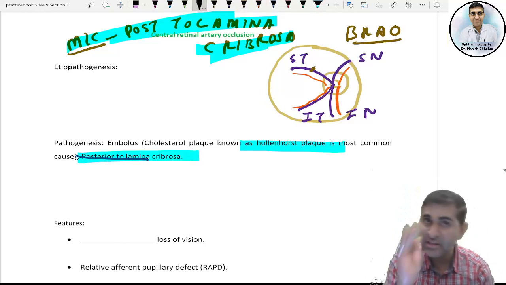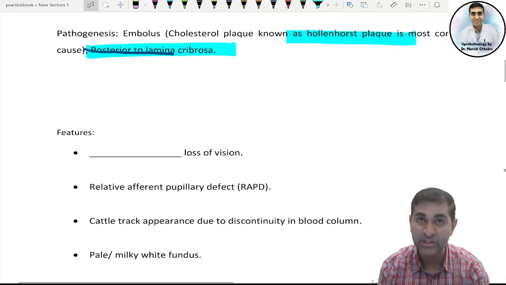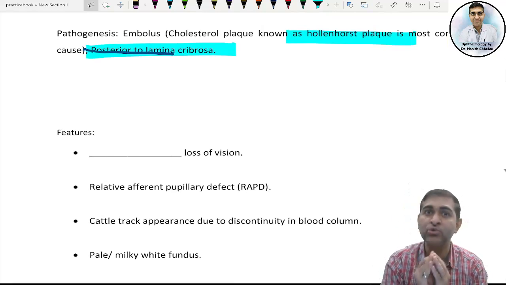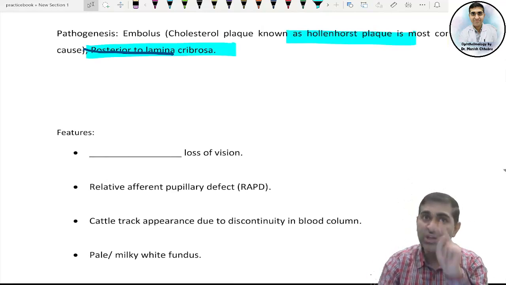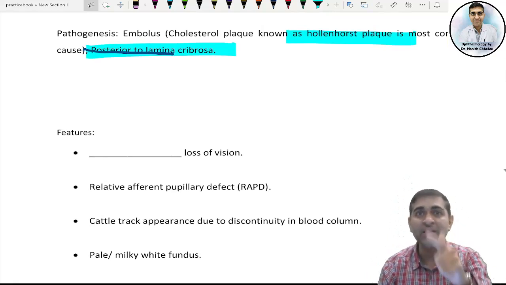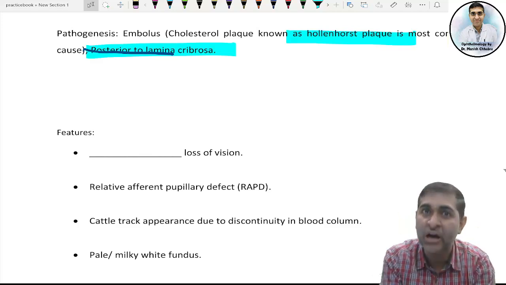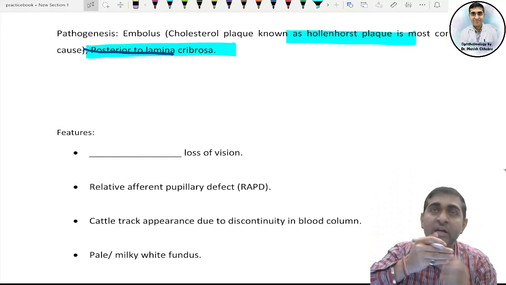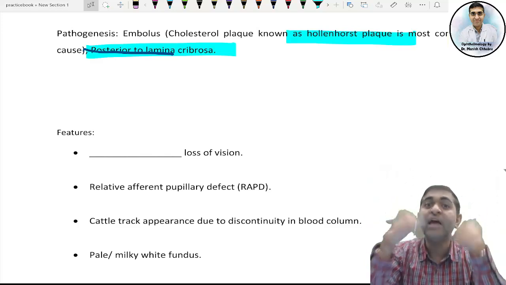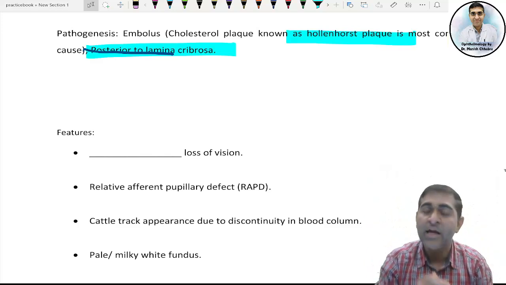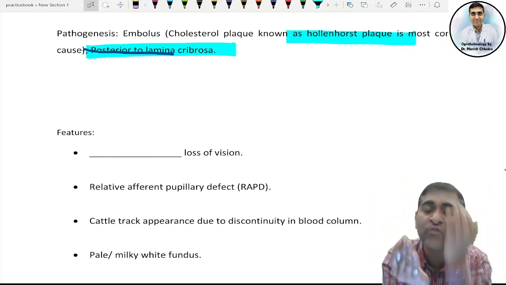Okay, now when the central retinal artery occlusion has happened, how is the patient going to present? There are two things that I want to tell you here. One is central retinal arterial occlusion, another is central retinal vein occlusion. If the patient has central retinal arterial occlusion, there will be a sudden switching off of light. The patient will have a feeling like I was in a room and there was a sudden switching off of light from one eye.